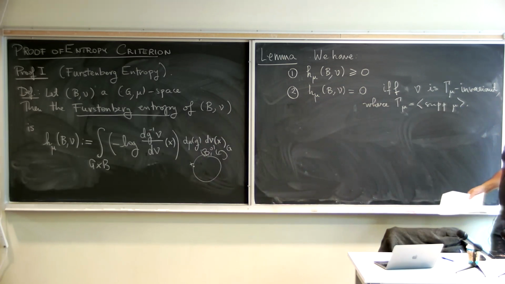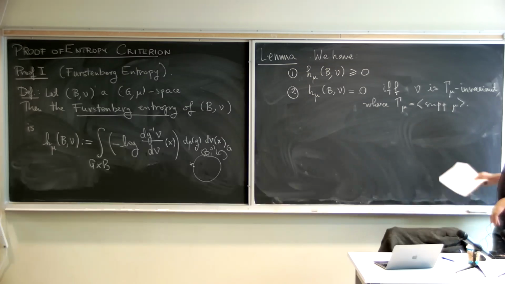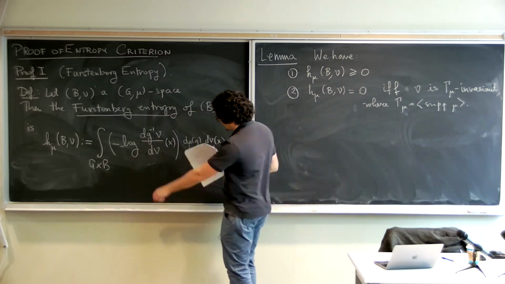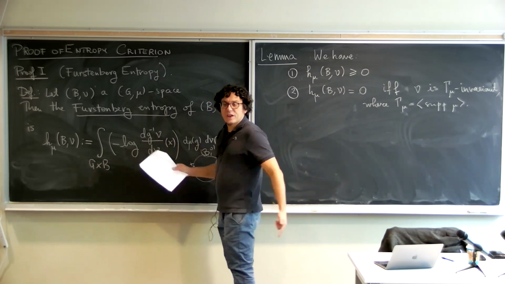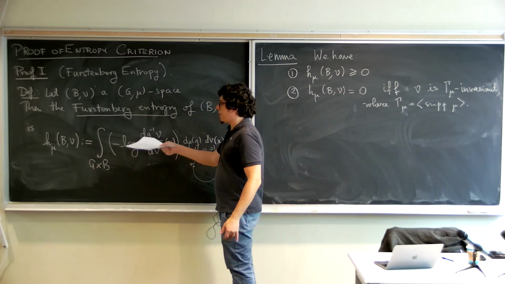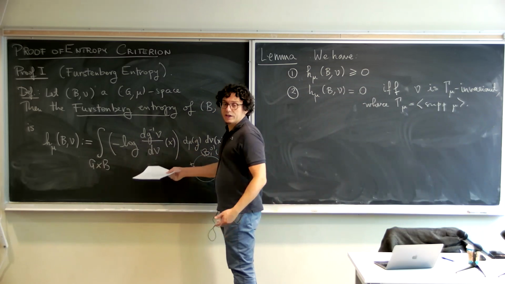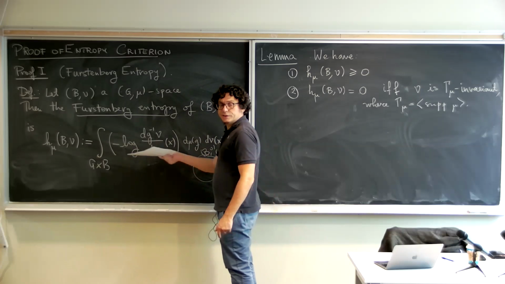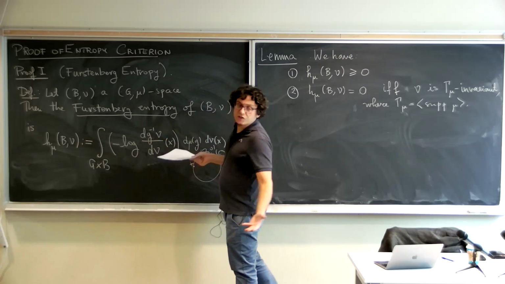So you see that kind of makes sense, right? If the measure is invariant, then g^{-1}nu and nu are the same. So the Radon-Nikodym derivative is 1, and then you're just integrating 0.